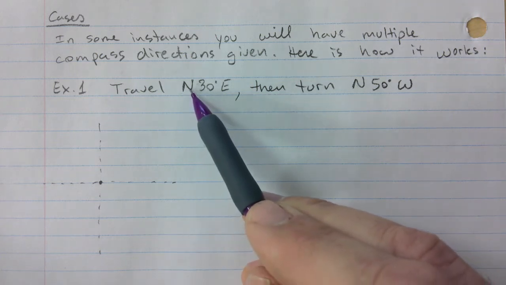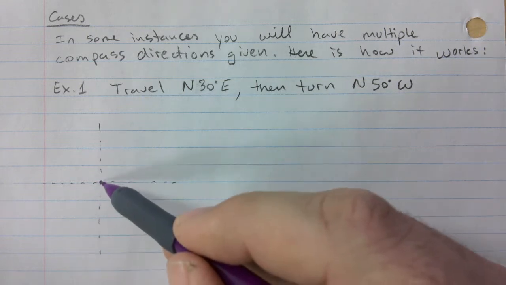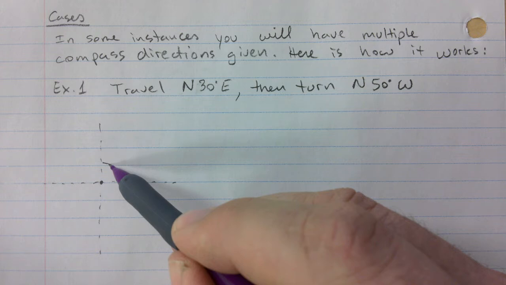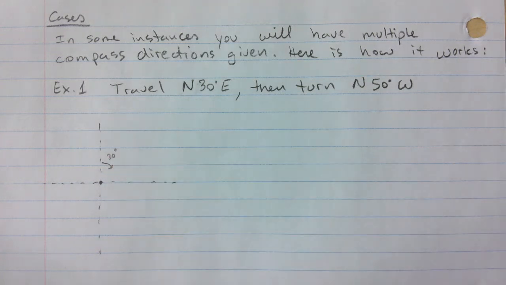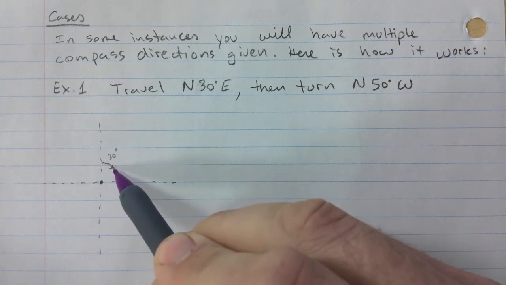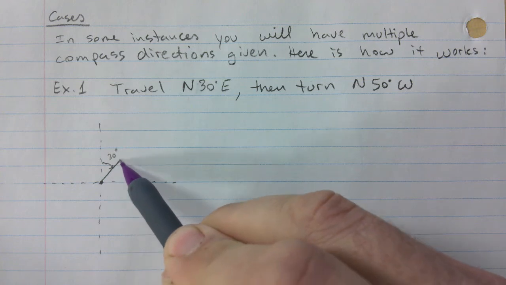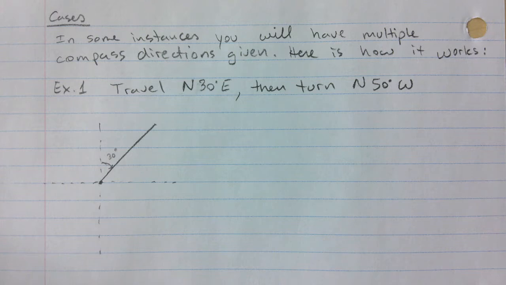You're going to travel north 30 degrees east. So we're going to keep this north there. We're going to turn east 30 degrees. And we're going to put the 30 there, right? North, and then you change 30 degrees eastward. That's your line right now as you're traveling, okay?